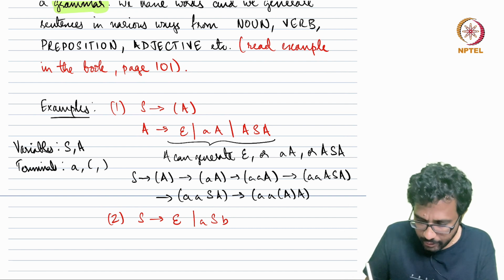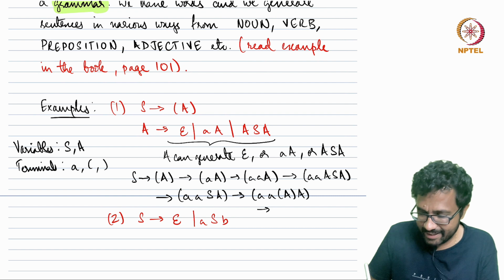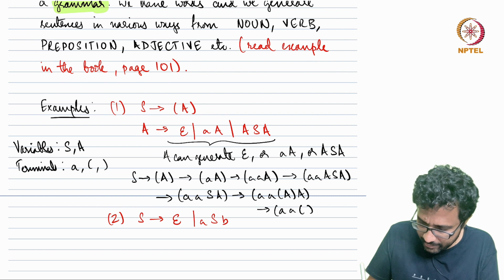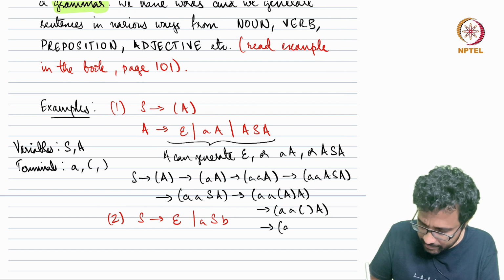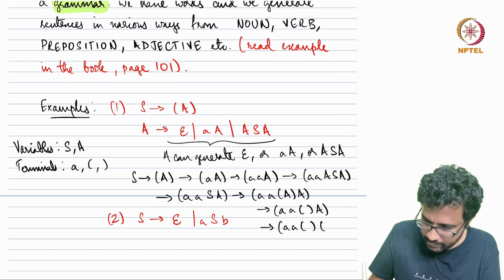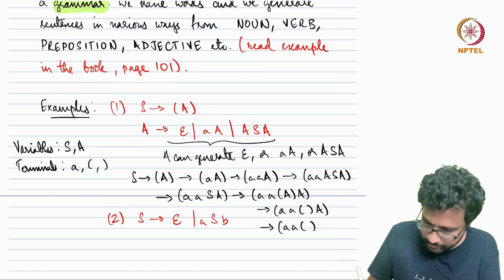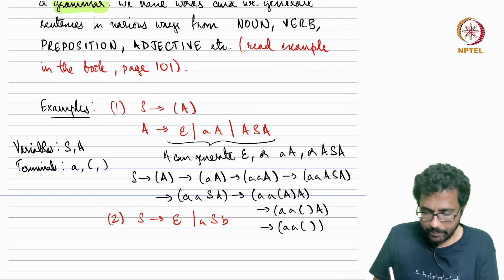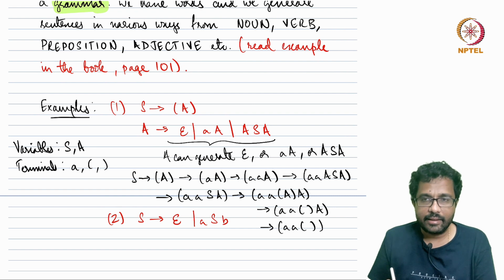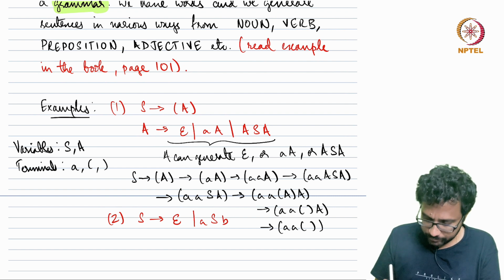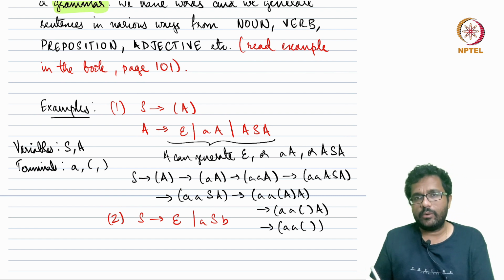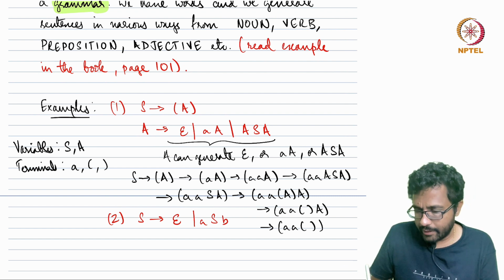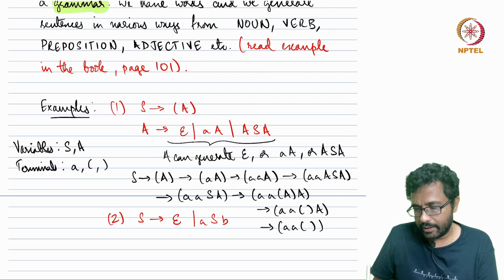Now I think we are running out of space, so let both of the A's generate the empty string. We'll just do it step by step. So this is a string that is generated, right? Every time I am replacing one of the variables with whatever comes out of a rule. So I got the string open parenthesis a open parenthesis close parenthesis, right?